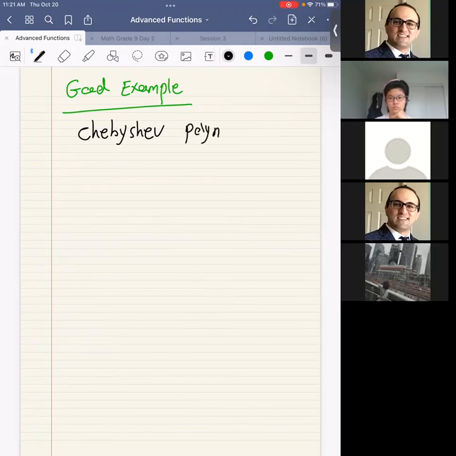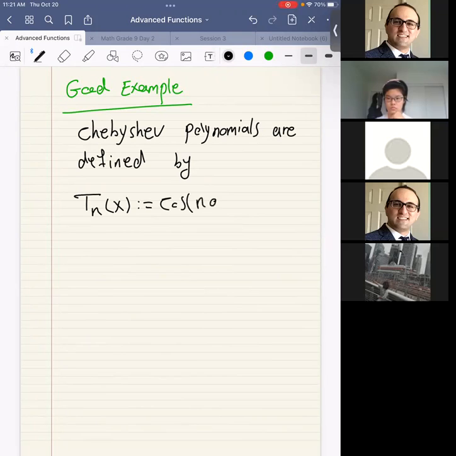Chebyshev polynomials are defined by T_n of x equals cosine of n times arccosine of x, for n equal to 0, 1, 2, 3, and so on.